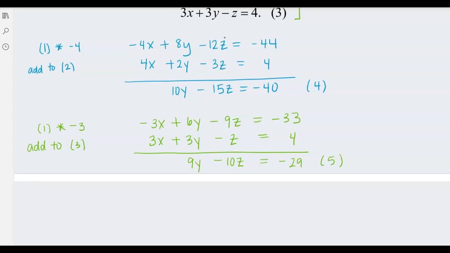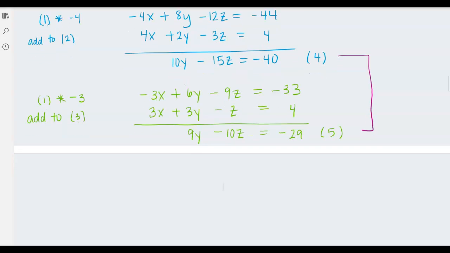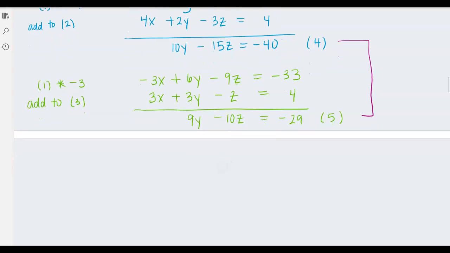Now I'm going to take equation 4 and 5, and I'm going to try to eliminate one of the variables. I've gotten this down to two equations with two variables, and I'm going to solve this the way that I was at the very beginning of this video. So I'm going to eliminate the variable y. The least common multiple between the 9 and the 10 is going to be 90.